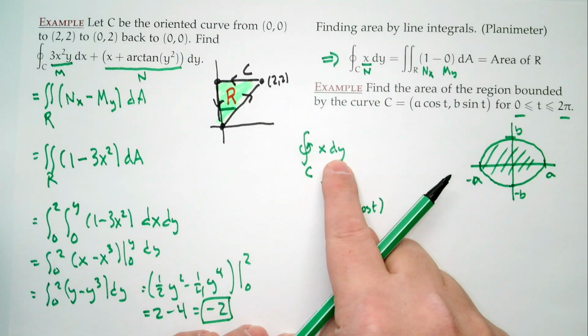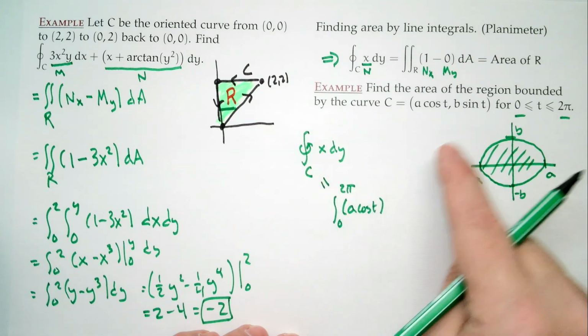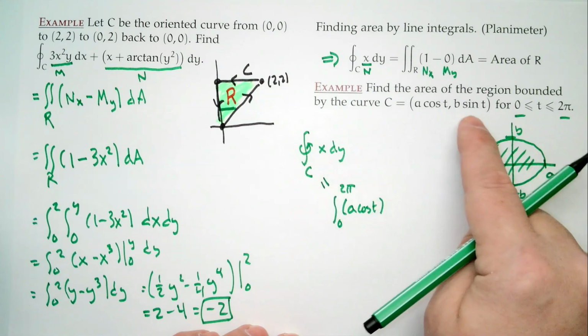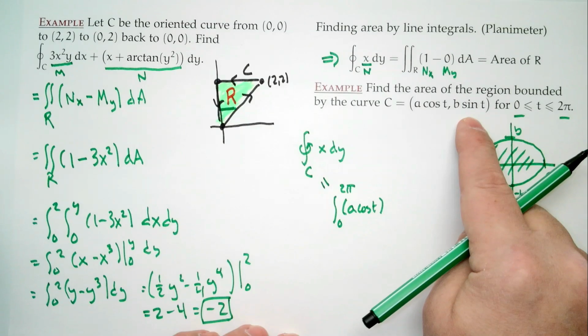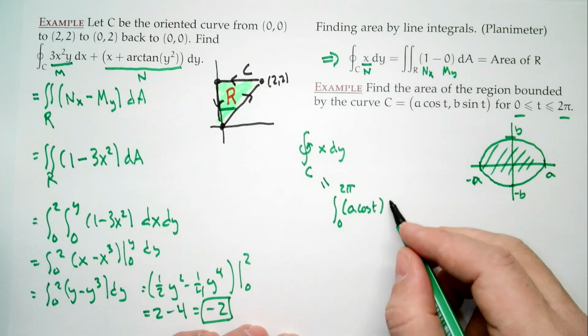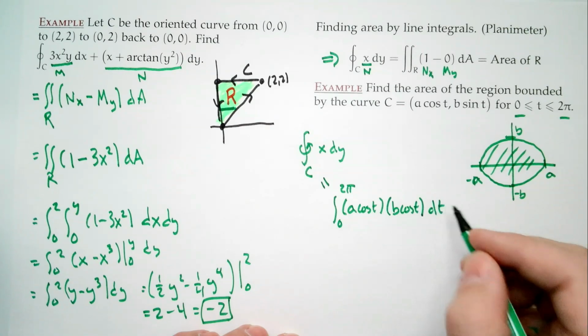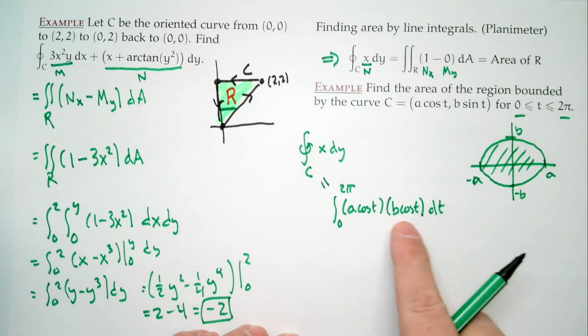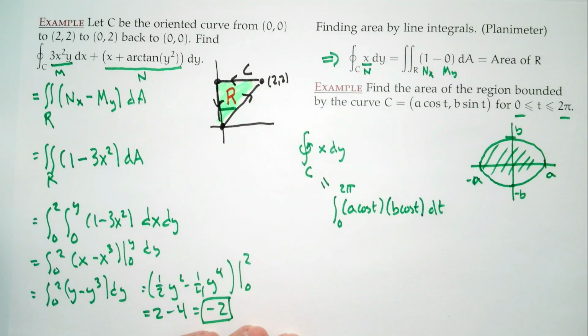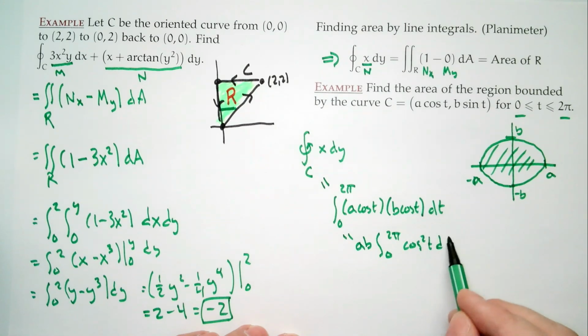Well, it's going to be the derivative of y, which is b cosine t, and then dt. So this is our x dy. All right, so that's ab, integral 0 to 2 pi of cosine squared t dt.